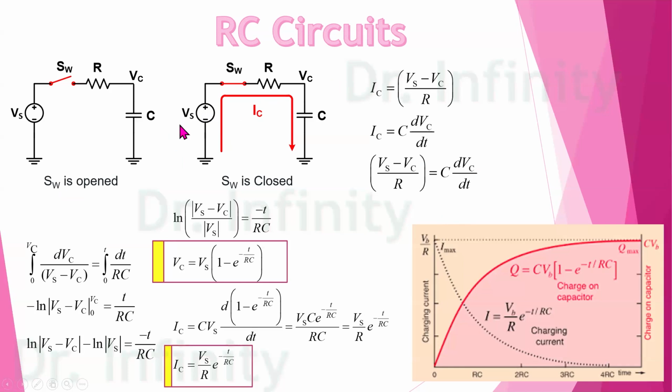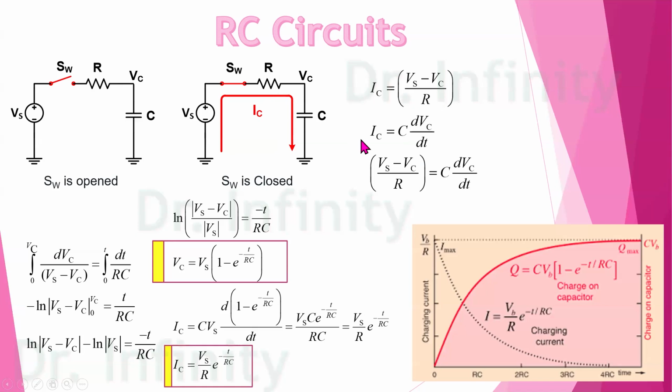We know that Vs is always greater than Vc because the voltage source provides the voltage. When the current goes through this line, the voltage continuously degrades along the line. So we get the voltage difference by using Vs minus Vc. Then we can obtain the current after dividing by R. So now we have the current.